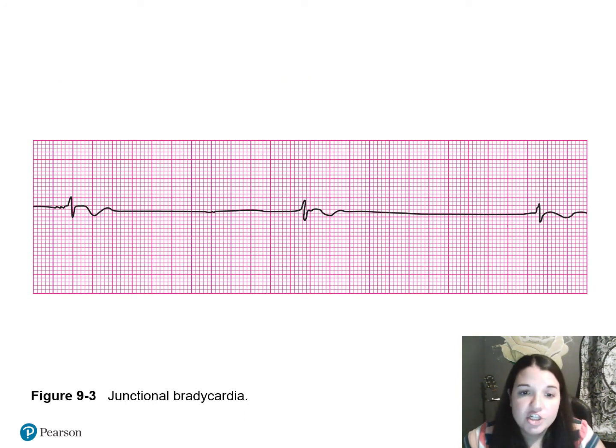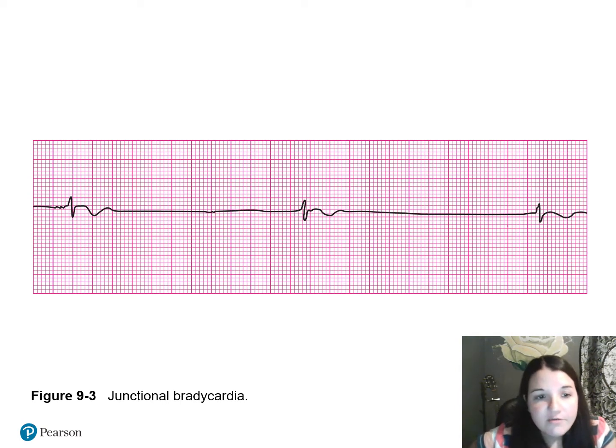So this is what a junctional bradycardia looks like. If you notice your P wave, we could kind of assume in the middle that it's coming after your QRS here. It's following it, right? If you see this little dip here, we could assume that there. But if you look over here, we cannot pinpoint the P wave. And then if you look over here, this is where our rule comes.